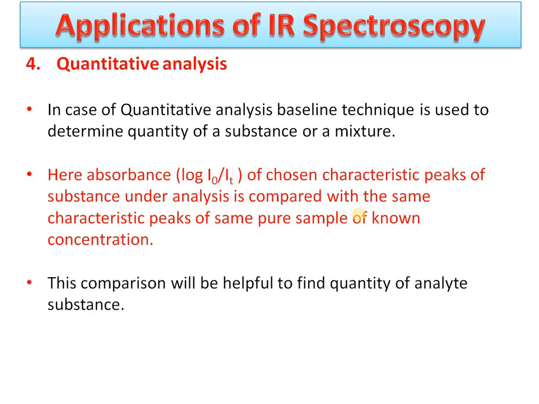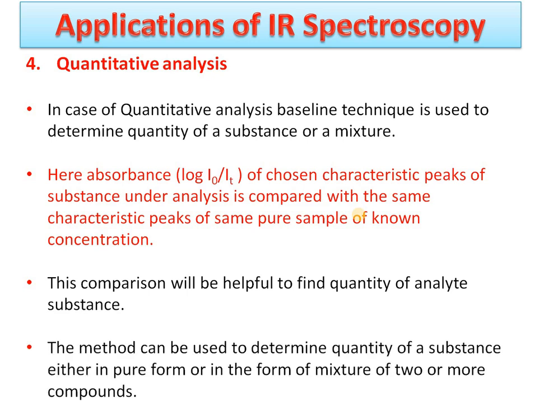Then this comparison will be helpful to find out the quantity of the analyzed substance. The method can be used to determine the quantity of a substance either in pure form or in the form of a mixture of two or more compounds.